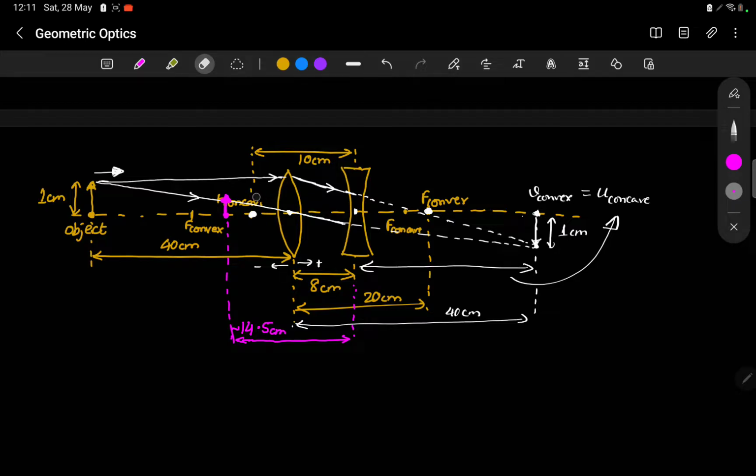Let us erase some unnecessary stuff. This will add to the clarity of the diagram. So this is where our image is.